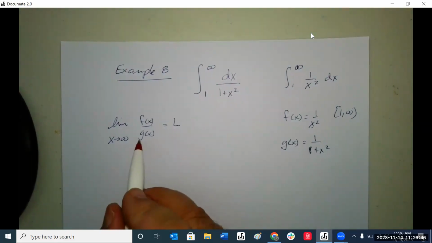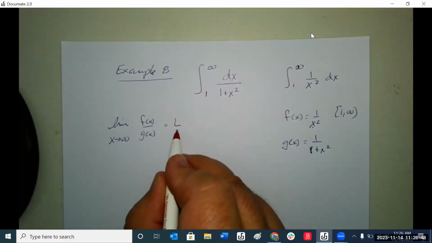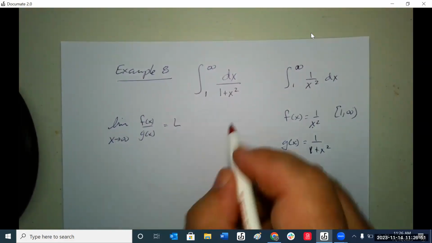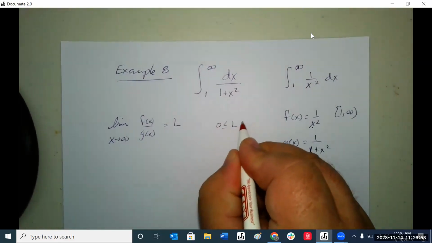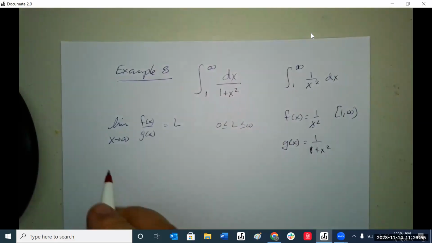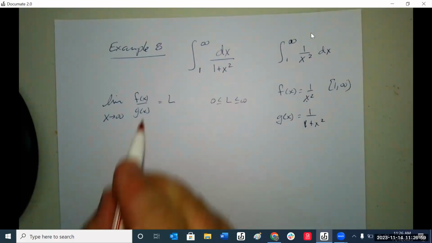Now, let's look at this. If this equals a limit, and the limit is finite, then they're both going to converge or diverge. So let's start from here.